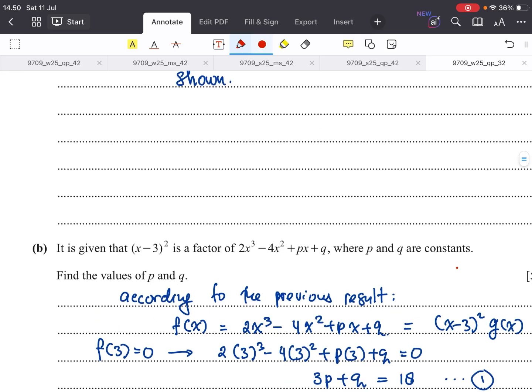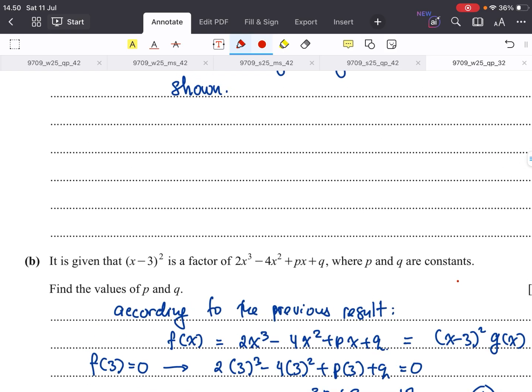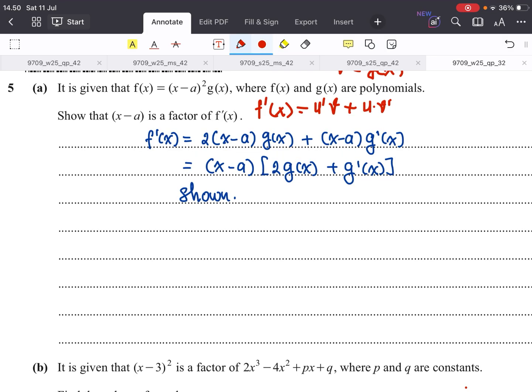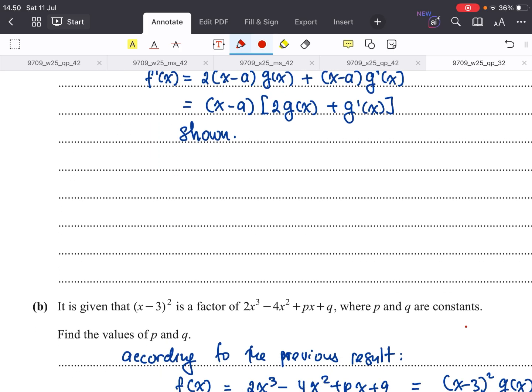So we know from the previous result that when f(x) is (x minus a) squared times another polynomial g(x), then f prime x can also be divided by x minus a, or x minus a is also a factor of f prime x.